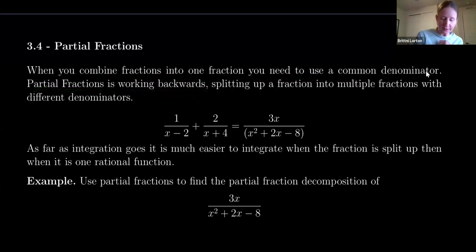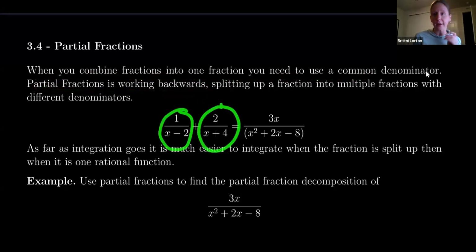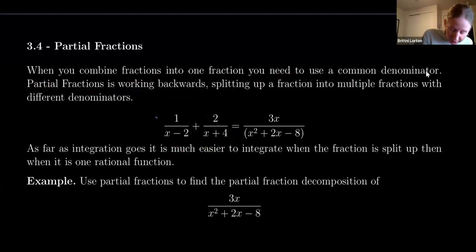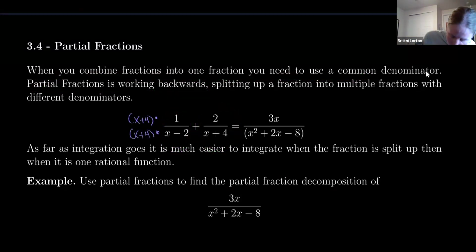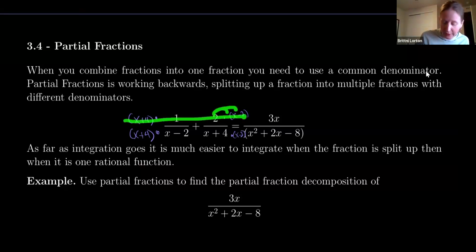So for this first example that you see here, 1 over x minus 2 plus 2 over x plus 4, the way you would combine those two fractions is you would multiply the first fraction top and bottom by x plus 4. You would multiply the second fraction top and bottom by x minus 2. You would then distribute this 2 of the second fraction, combine your like terms on the top.